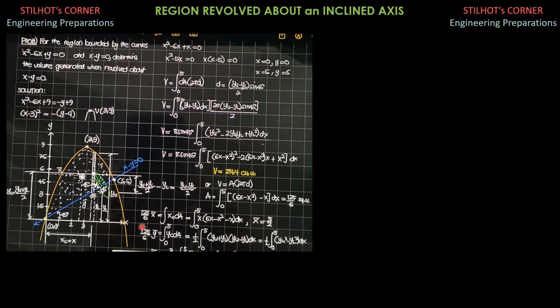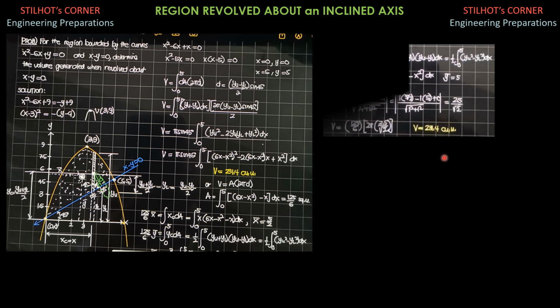Likewise, area 125 over 6 barred y equals integral of y sub c dA. Y sub c is the y coordinate of the centroid, which is equal to the average of the upper and lower y, so 1/2 quantity upper y plus lower y, and differential area is upper y minus lower y dx. Simplifying, that's 1/2 integral 0 to 5 of upper y squared minus lower y squared.